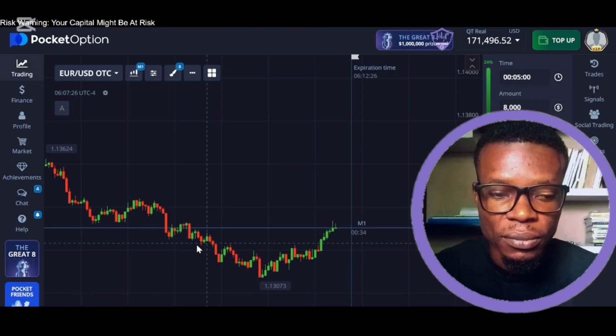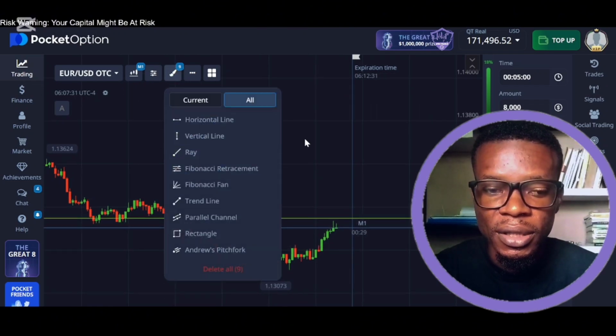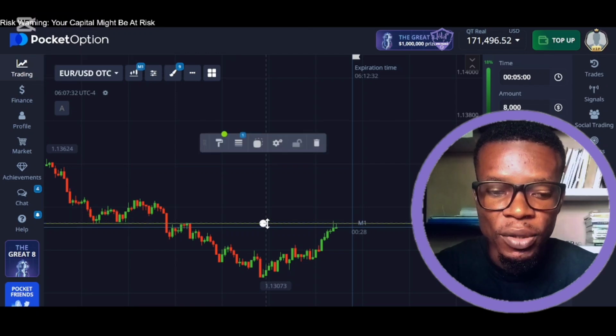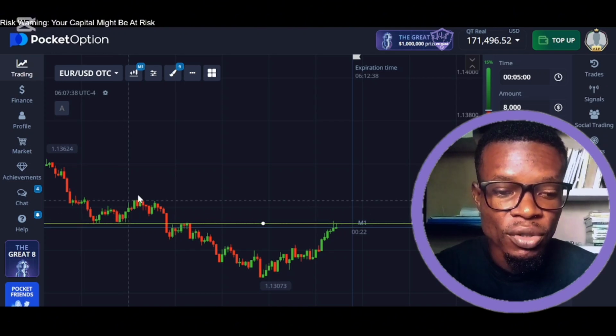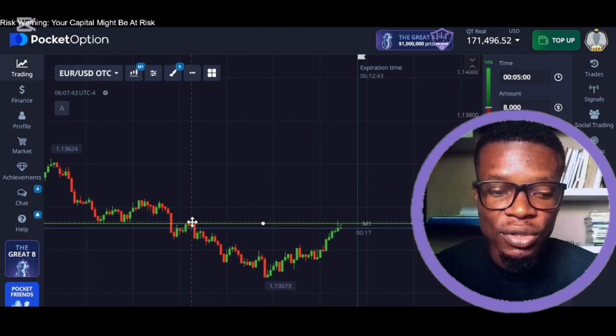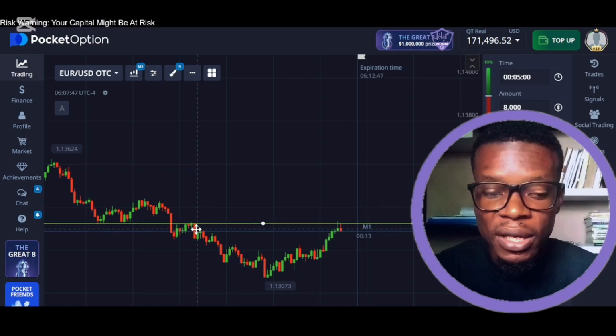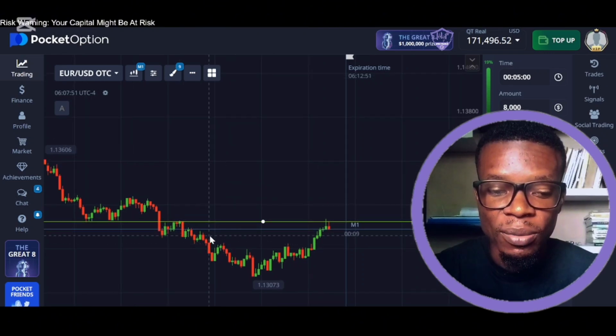Now I consider this level to be a recent support level, right? So this right here is a recent support or resistance, and this is recent support. If we are analyzing this price action, we can say that this is the current lower high swing, and if price breaks this level, then this setup should be invalid.